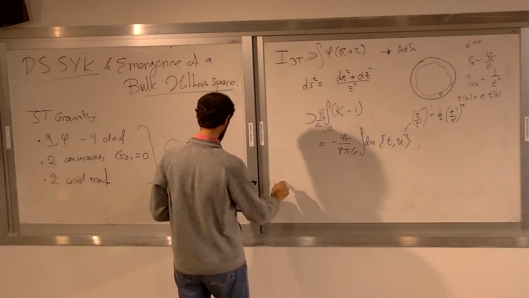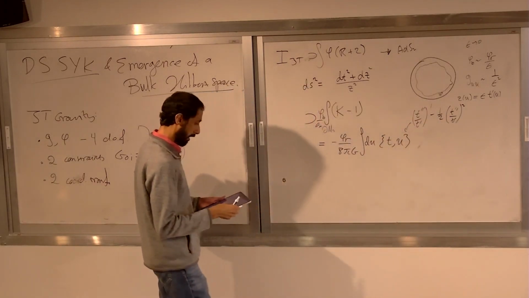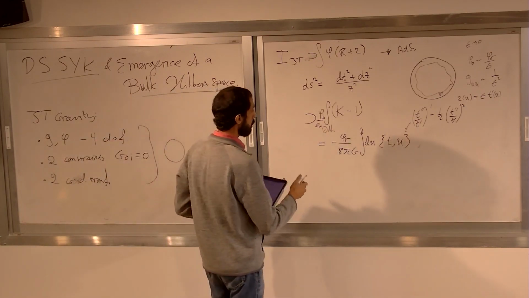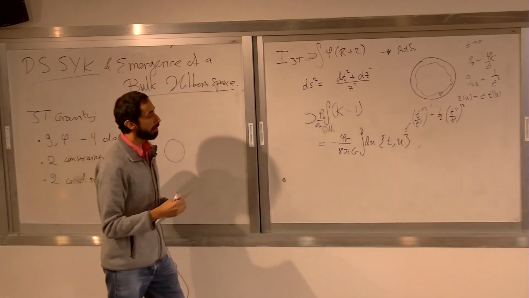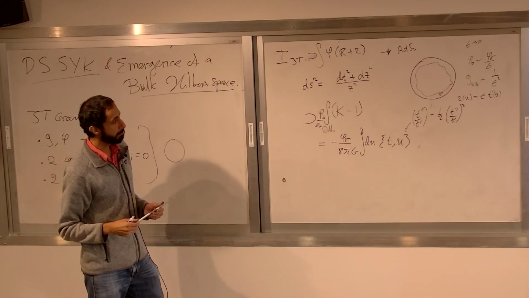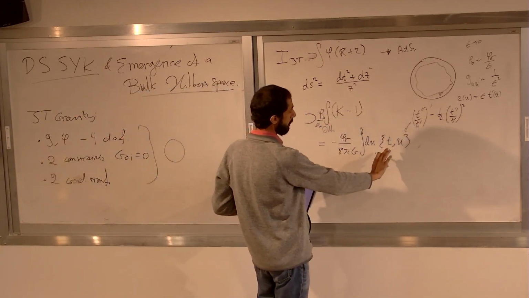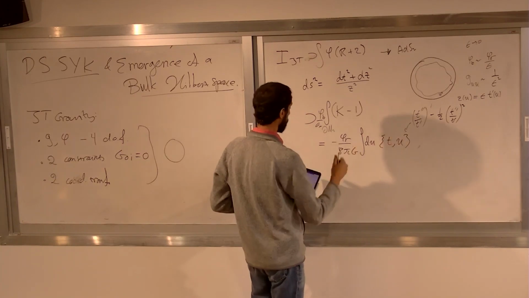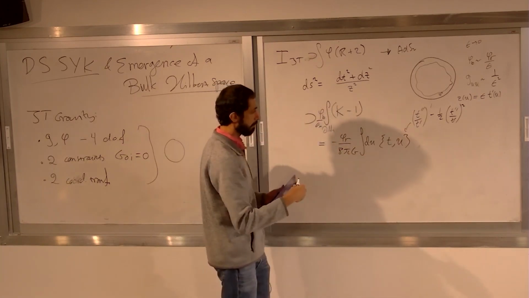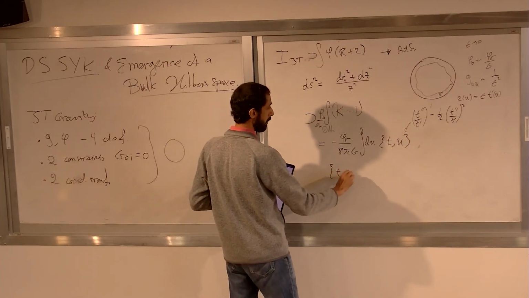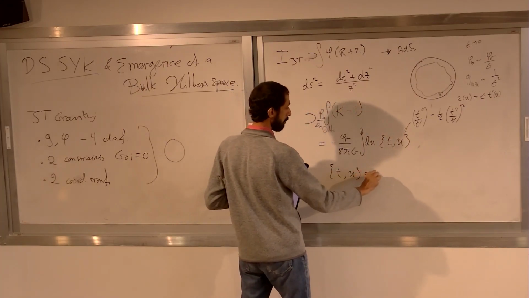Okay, so that's good. Next, you can compute the energy. Okay, no. First, the equation of motion of this action is actually just T u is equal to a constant.